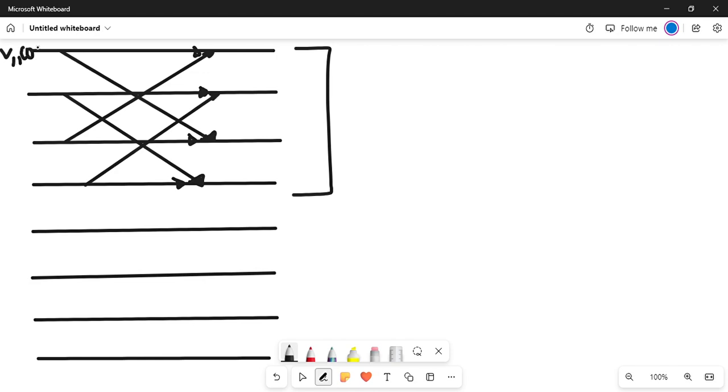All values are 1, right? I'll write it like this: v11 of 1 is equal to 1, v12 of 0 is equal to 1, and v12 of 1 is equal to 1 once again. So all other values are 1.